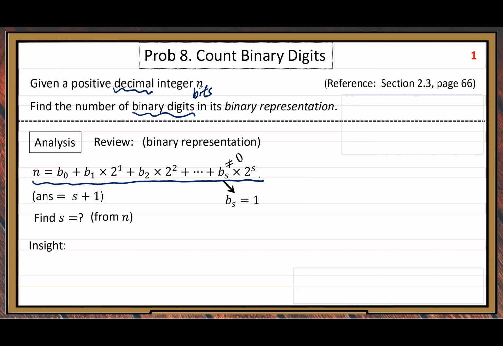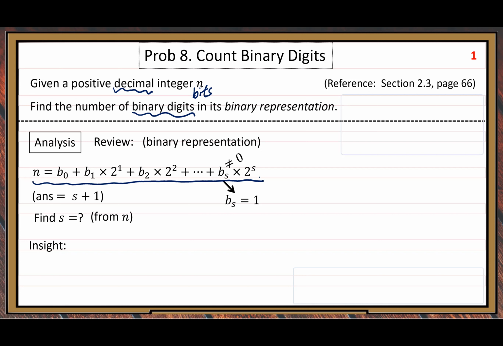It's still hard to see an expression for s in terms of n easily. So we need to have a more friendly form. This current form is not that friendly for discovering an expression for s, so we are looking for a different, more friendly form.